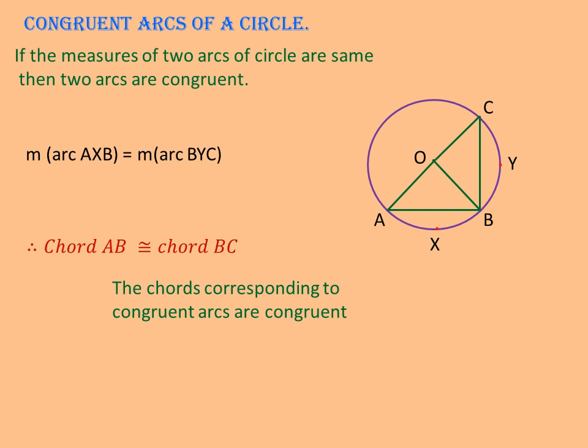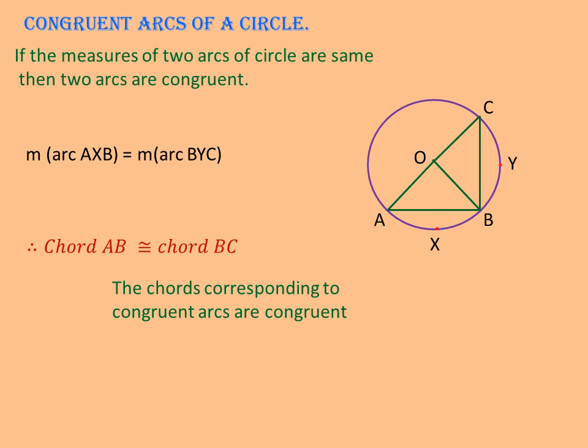If I say chord AB is congruent to chord BC, then I can say minor arc AXB is congruent to arc BYC, or major arc ACB is congruent to major arc BAC.